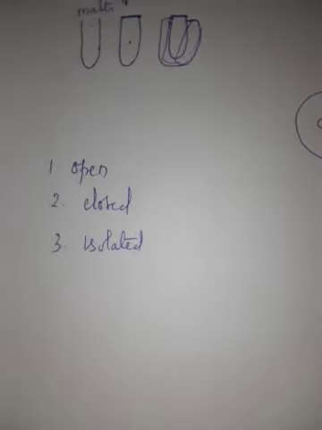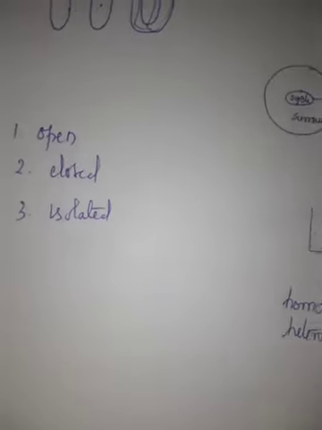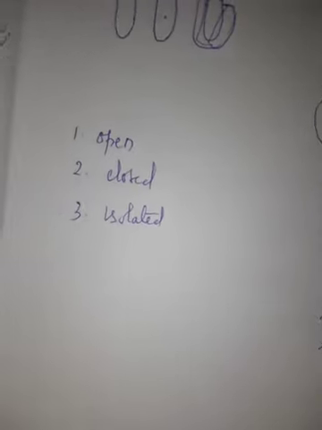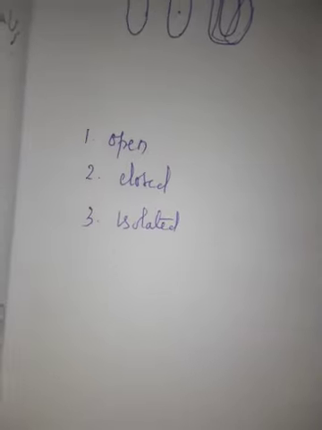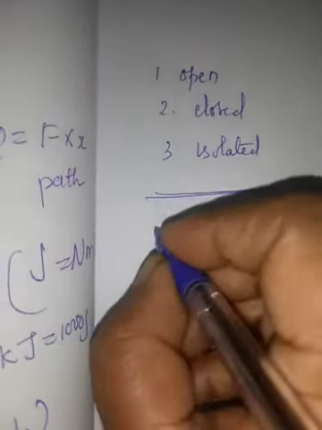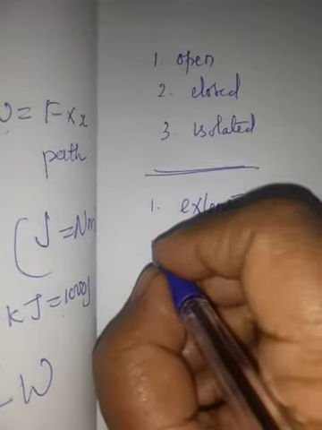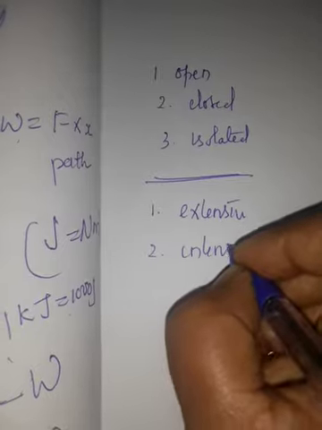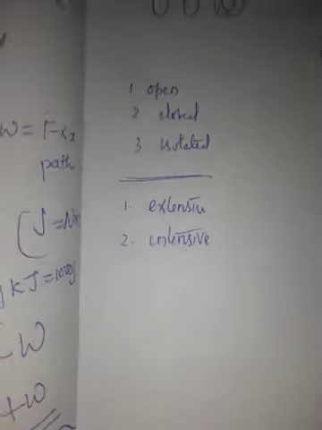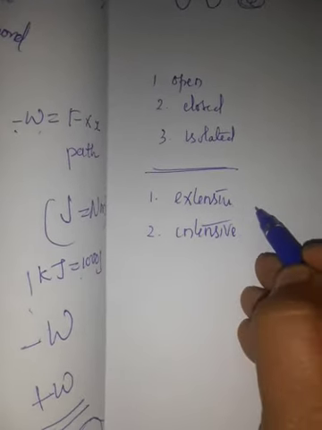So, all living things and chemical reactions in an open system can exchange both matter and energy with the surroundings. But in a closed system, only energy can be transferred, not matter. Now, some of the properties of the system. First one, extensive property. Number two, intensive property. Extensive property means the property that depends on the mass or size of the system.